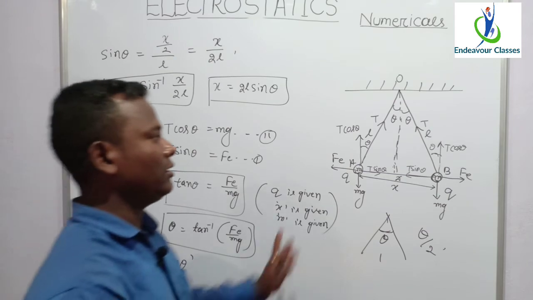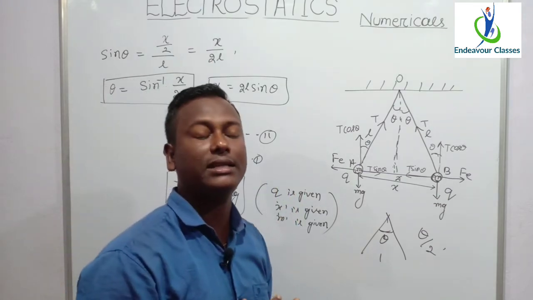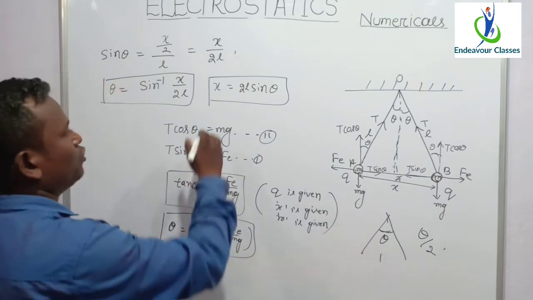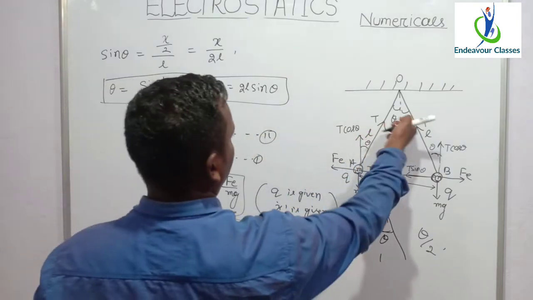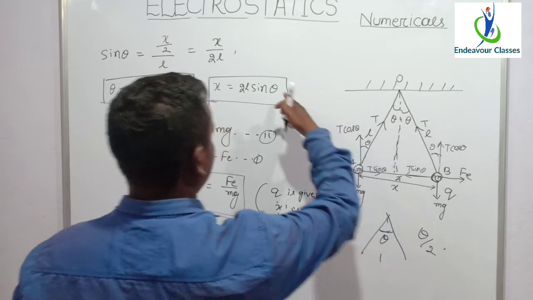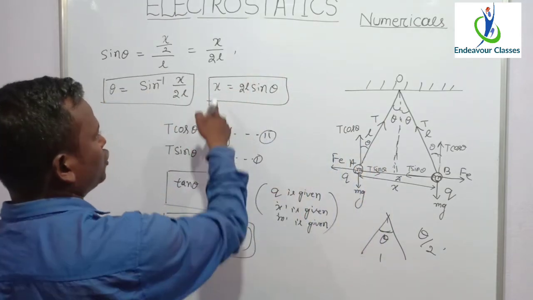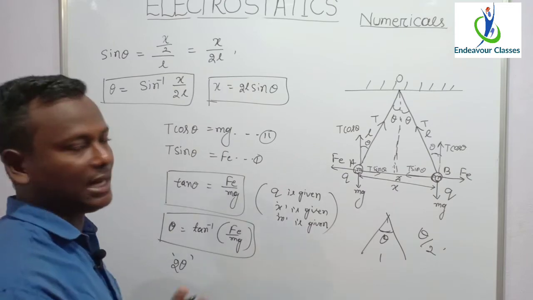If the angle between the strings is 60 degree, then theta will be 30 degree, because this is the half angle, not the entire angle. Whatever angle is given, you put half of that angle. So x will be 2L sin theta.